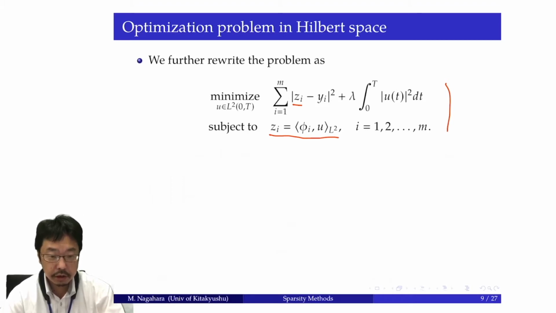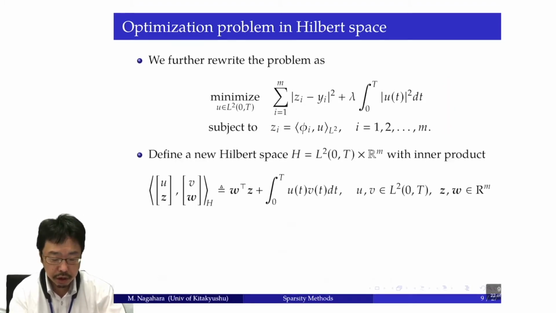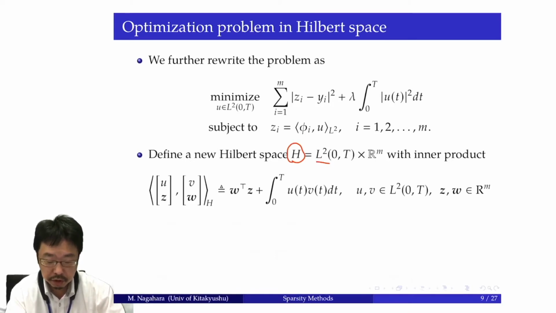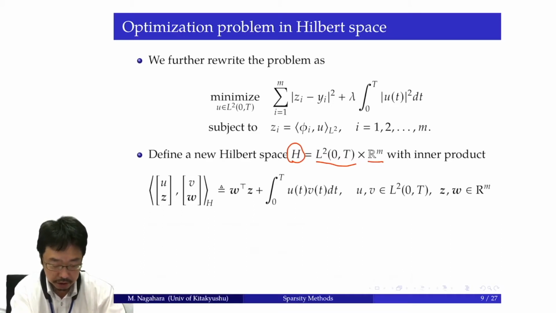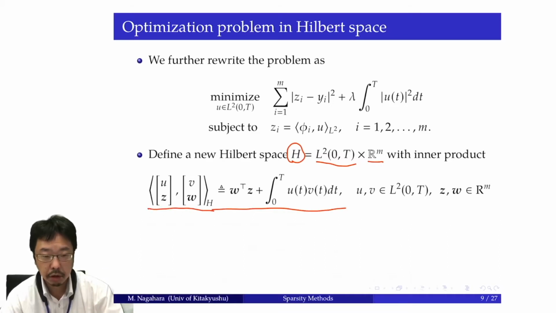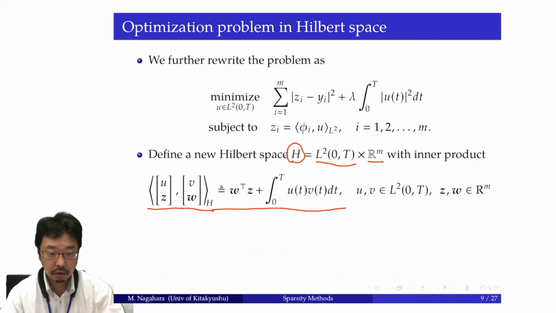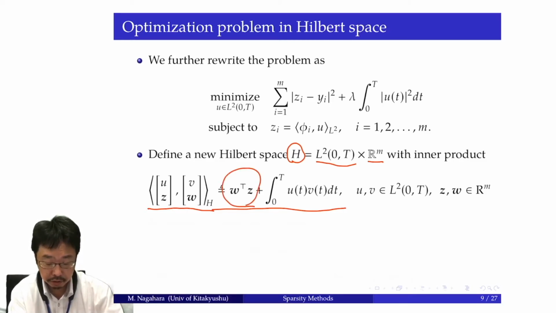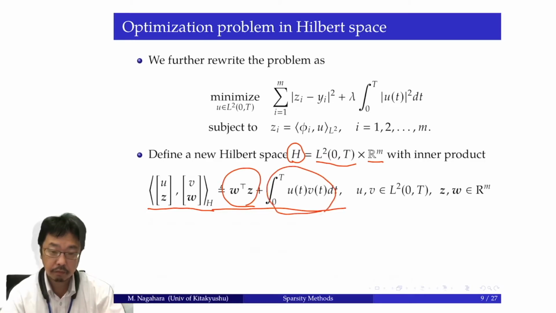From this, we define a new Hilbert space H, the product of L2 0 to T and Rm with inner product defined by this. Namely, the inner product is the sum of the inner product in Rm and the inner product of L2.